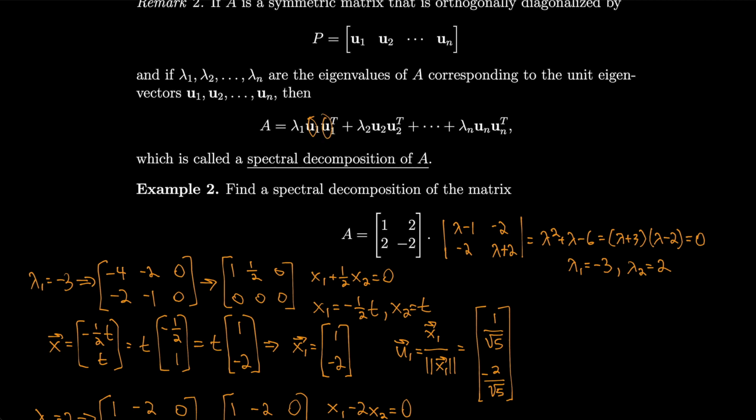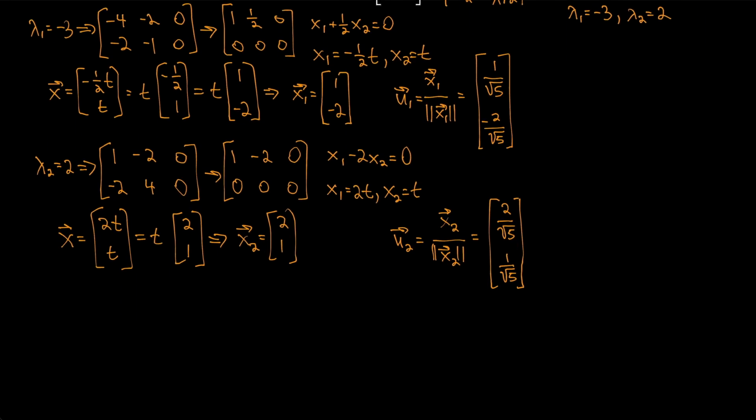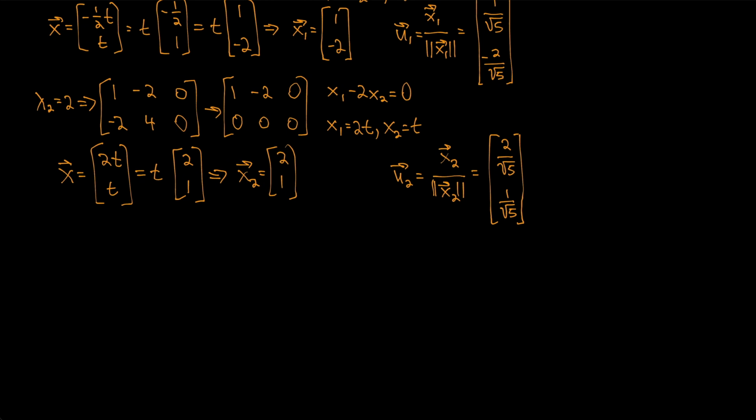We have u1 transpose, multiply by lambda 1, add that to lambda 2, u2 transpose. So we'll get the spectral decomposition as [1, 2; 2, -2] equal to lambda 1, u1 transpose plus lambda 2, u2 u2 transpose. So in this case, lambda 1, I'm going to take minus 3.